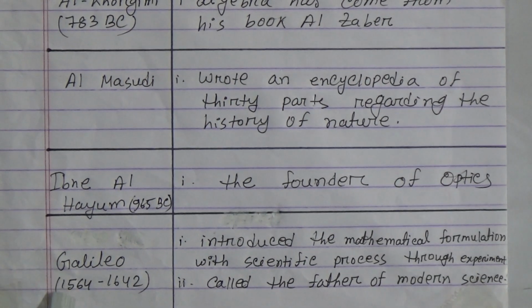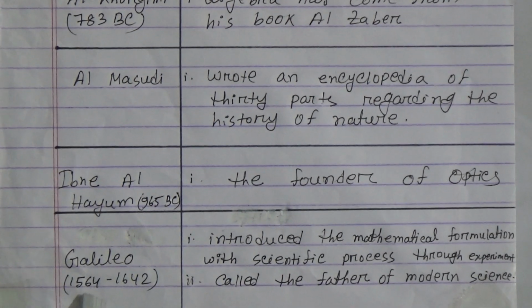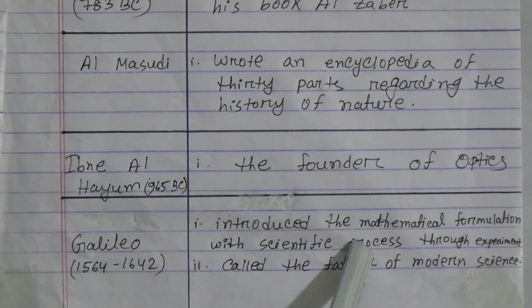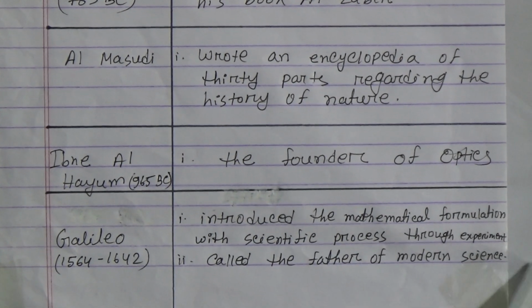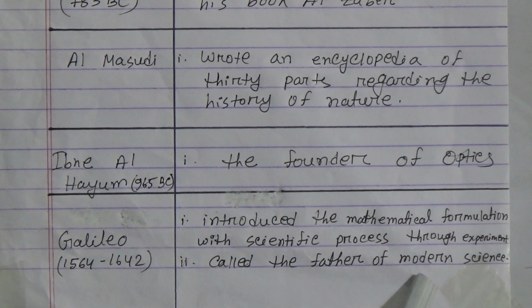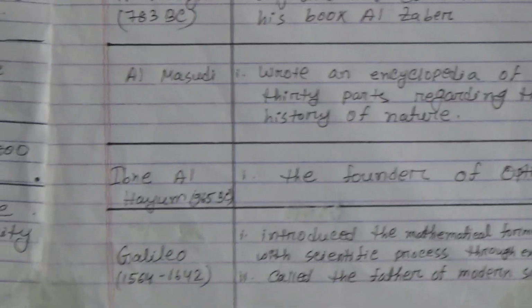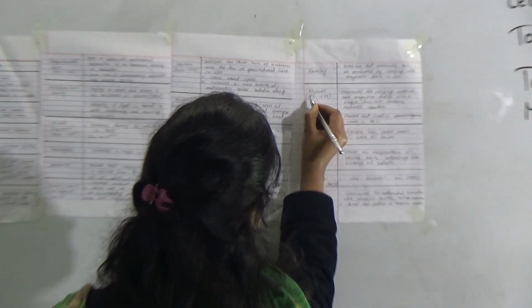The scientist's name is Galileo, 1564 to 1642. His invention is he introduced the mathematical formulation with scientific process through experiment, called the father of modern science. Here is a wrong information, you can cross this.